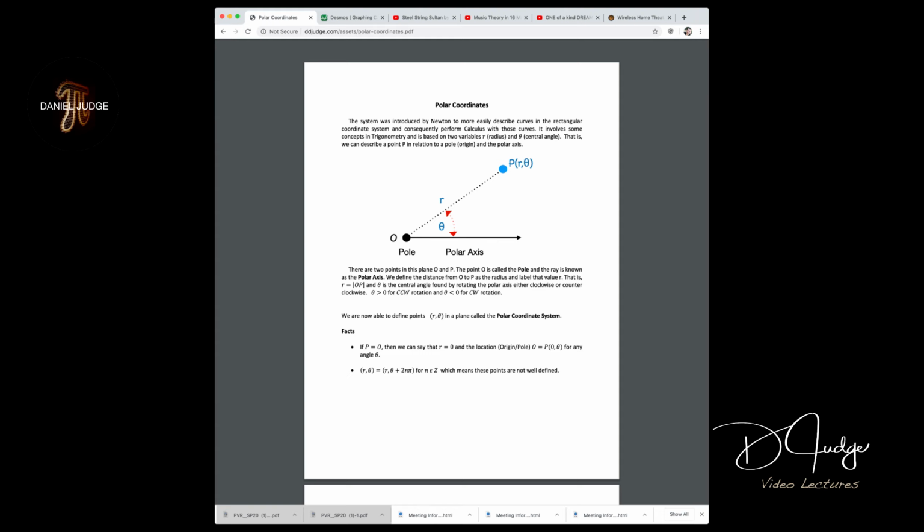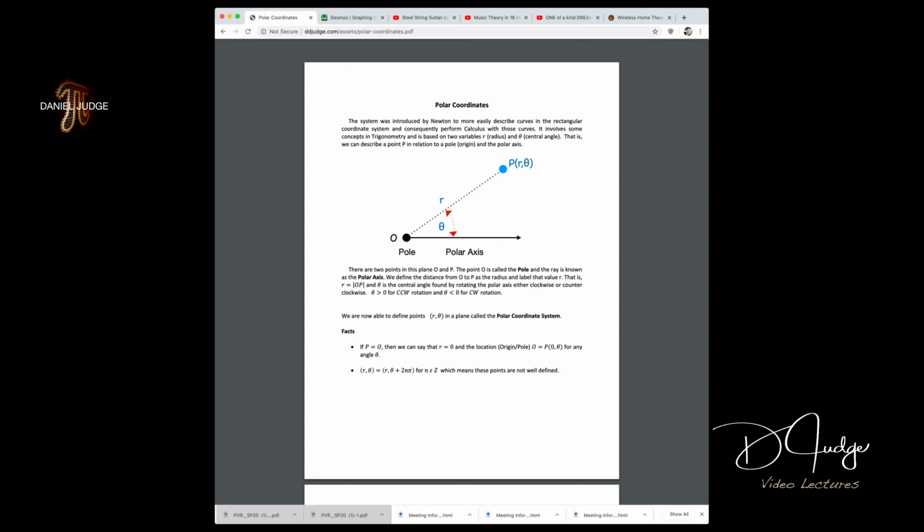Here's your horizontal. It's a ray. This is called the polar axis.